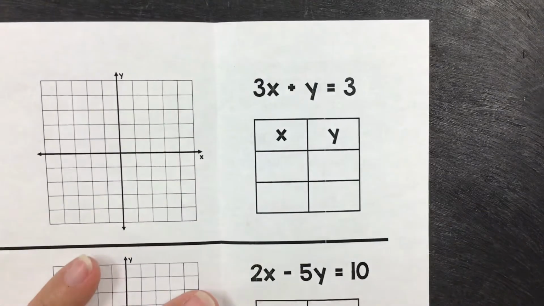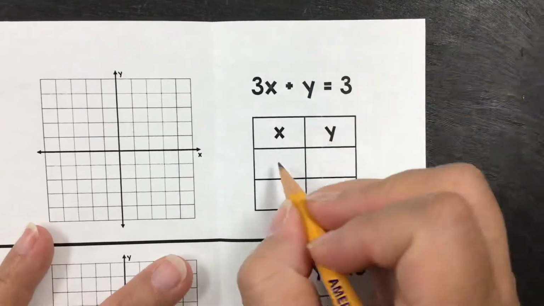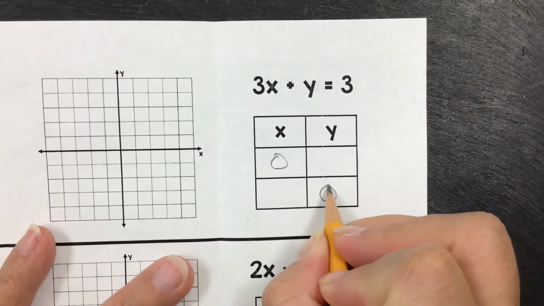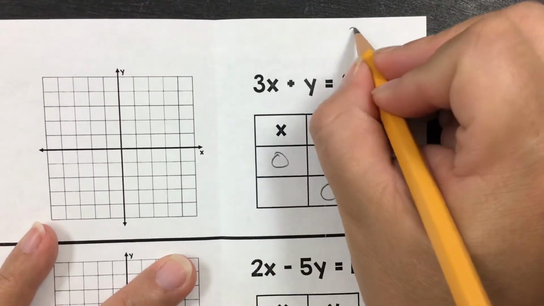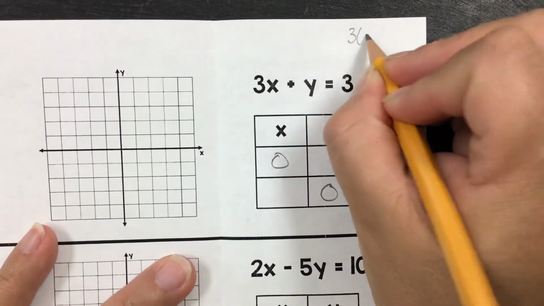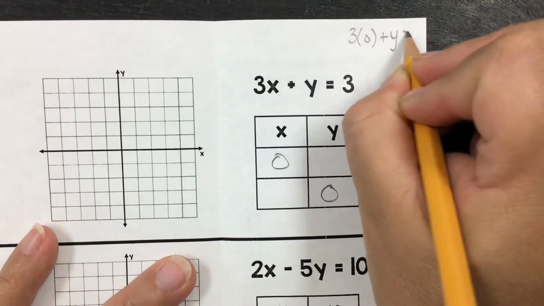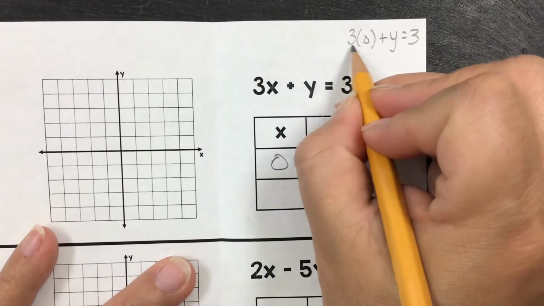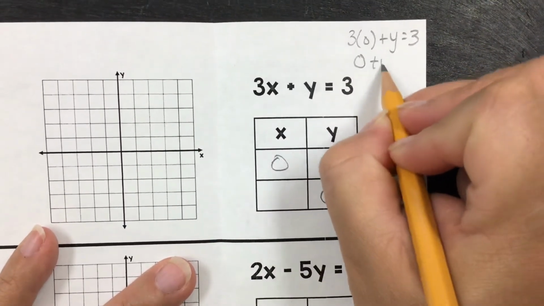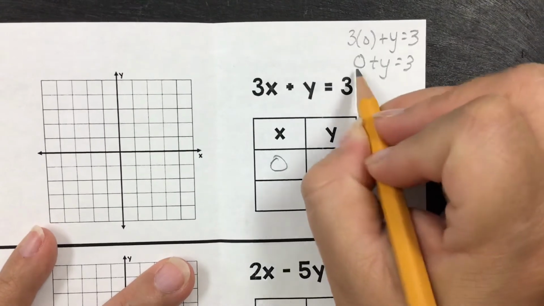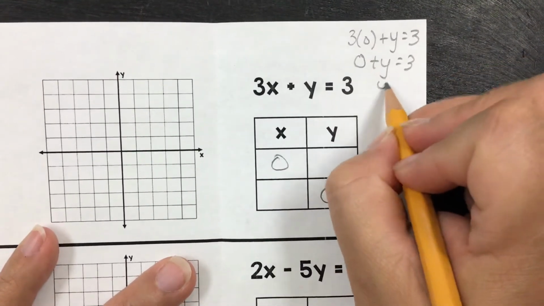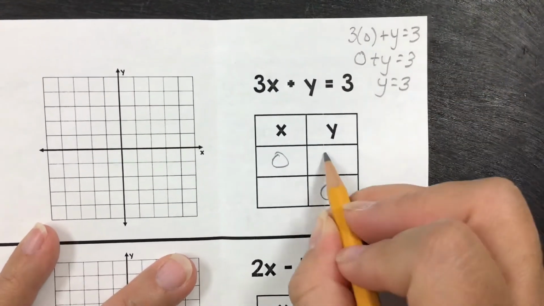Okay. On this one, we still have one time that the x is 0, one time that the y is 0. For the x being 0, 3 times 0 is 0, plus y is equal to 3. We don't need to write the plus 0, so y is equal to 3.